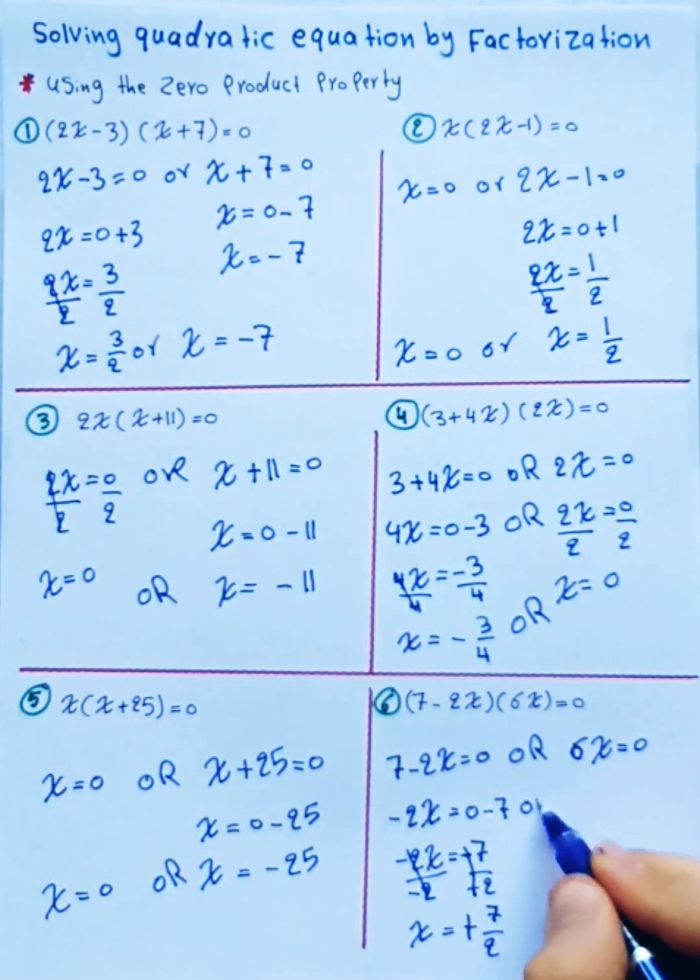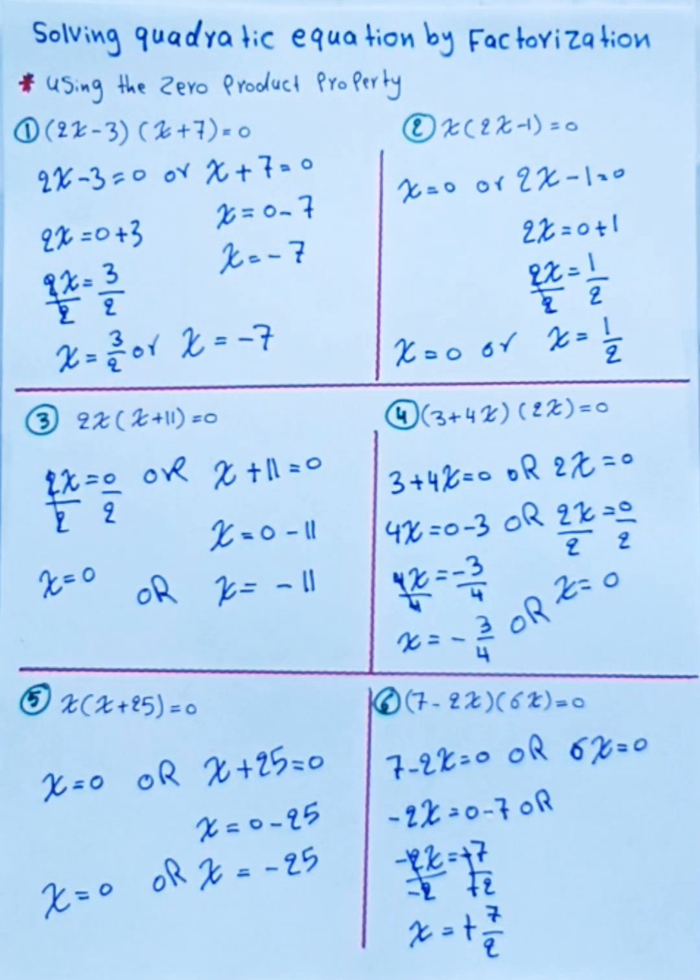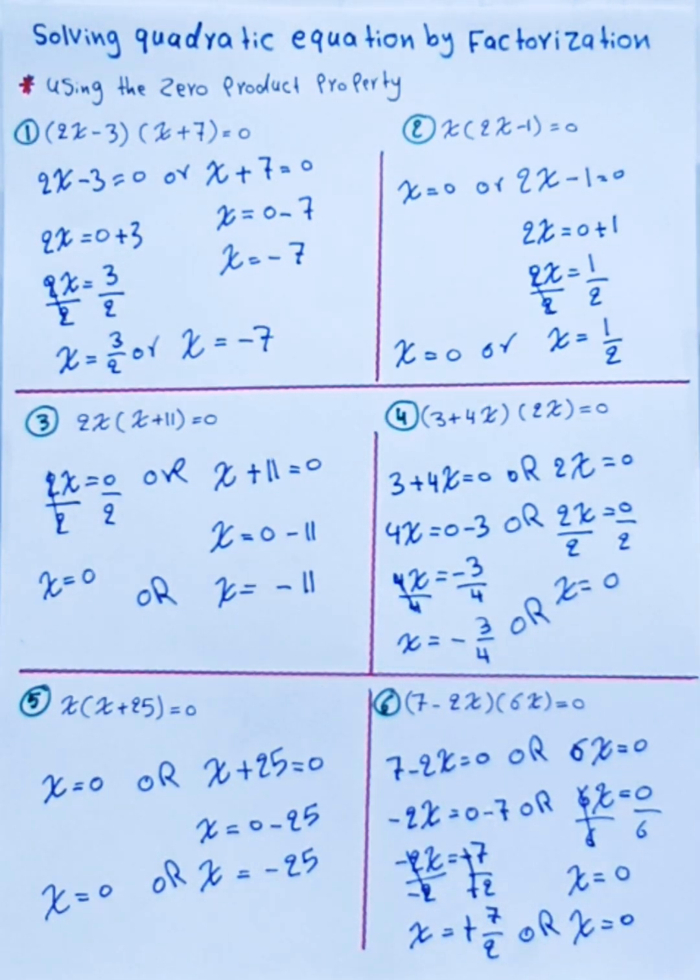After that, for the second equation, 6x equals 0, I have to divide both sides by 6. These two 6's are cancelled, so x is equal to 0. So x is 7 out of 2, or x is equal to 0.